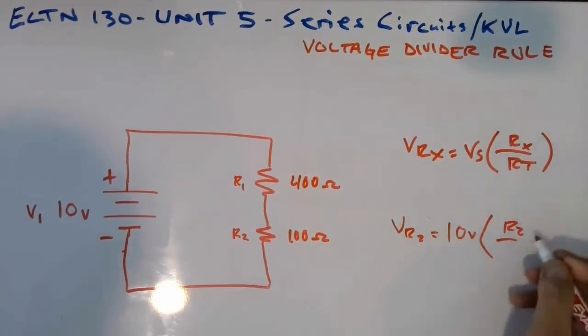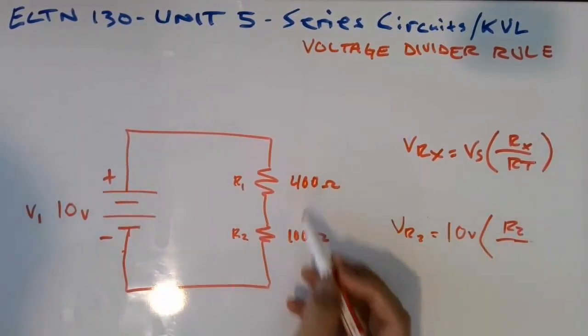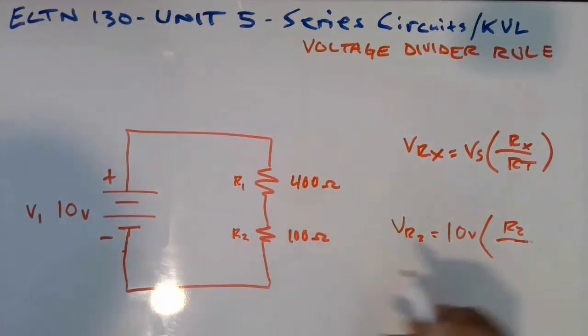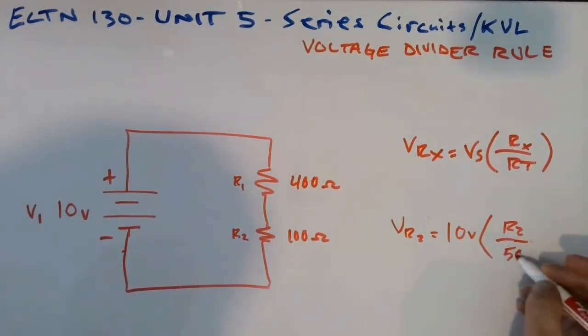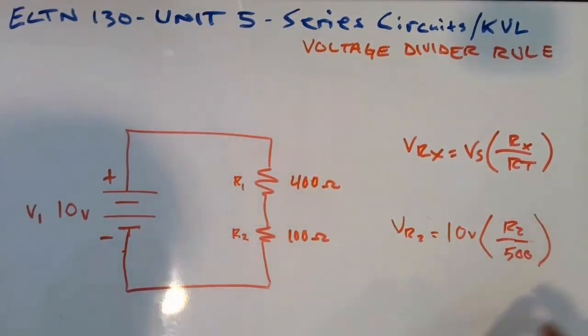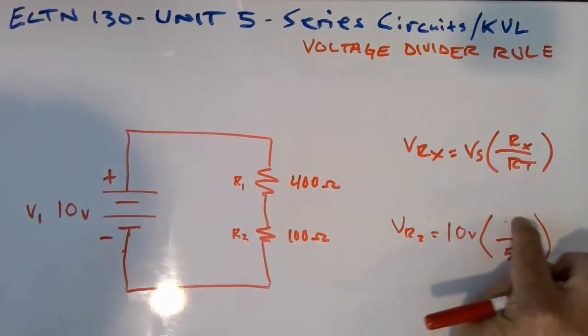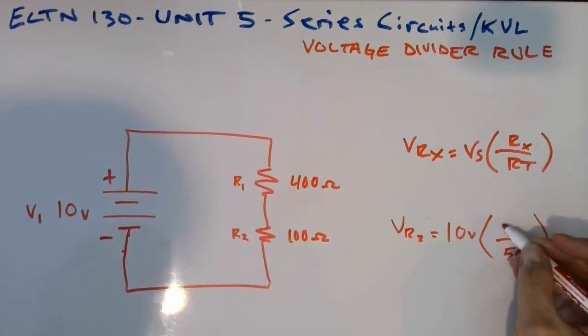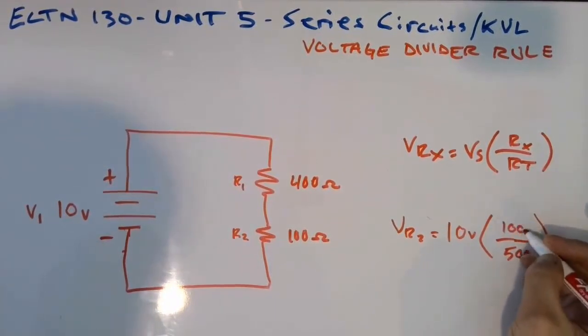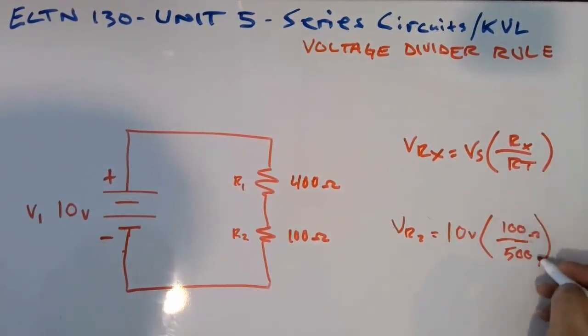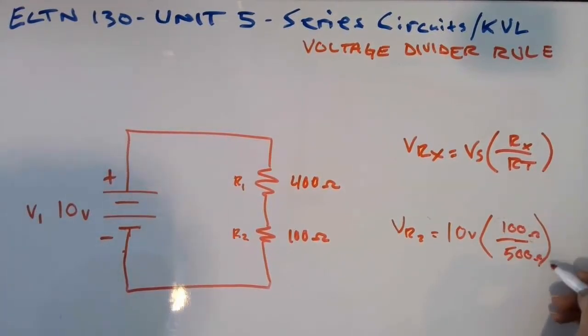That's the sum of those two values. So in this case, it's 500 ohms. We have 400 plus 100 is 500 ohms. And we know that R2 in this case equals 100. Sorry, I should have written that in as a value there. I'm also not doing a good job of putting in the subscripts here in the units, so sorry about that.